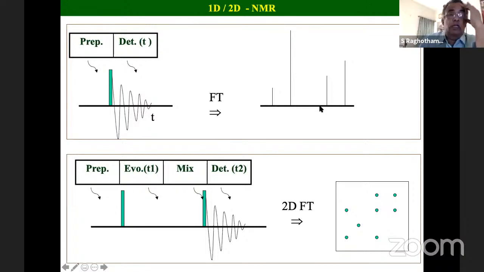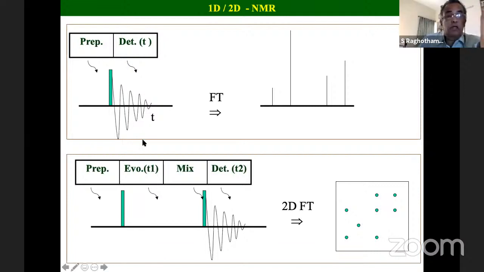We interpret that data. Now, when we move on to 2D, the NMR gets spread over 2 dimensions. Both are frequency axes. And now there are 4 time intervals. The preparation and detection remain on either end, but there are 2 more time intervals in between. As I said, the system has to equilibrate. We call that the preparation period.